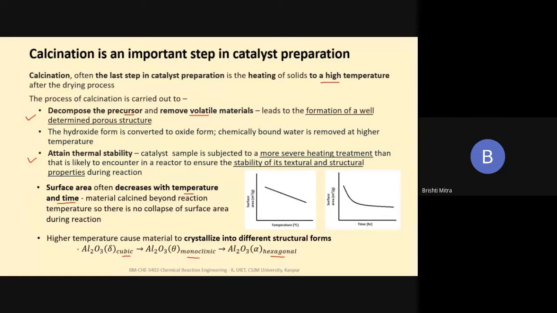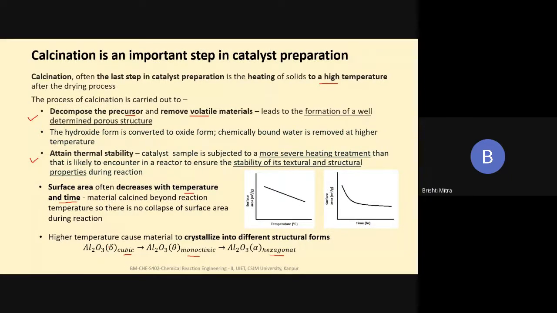So that cannot be allowed. It should be treated to a condition where it already forms a hexagonal structure, and then you introduce it into the catalyst bed. So these are the reasons why we carry out calcination. Number one, to decompose the precursor, release all the volatile materials, and break up any water molecules.